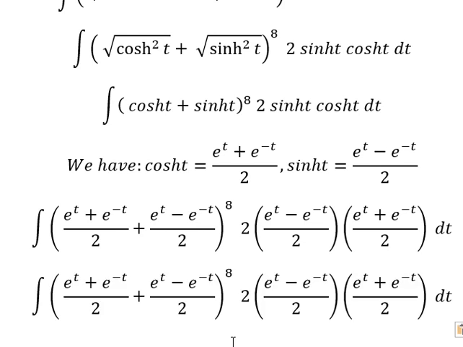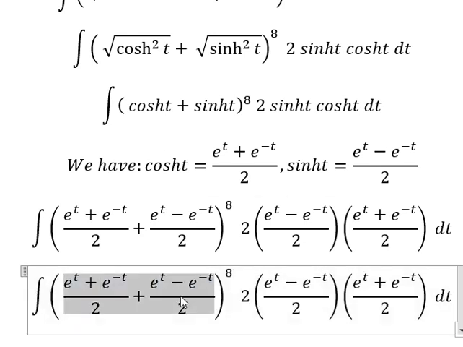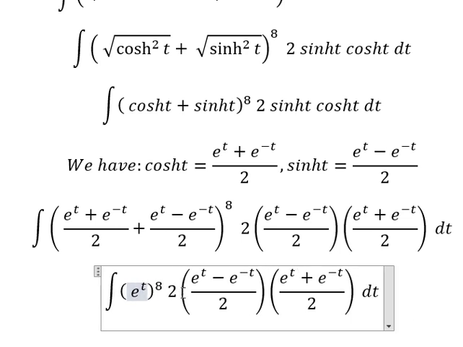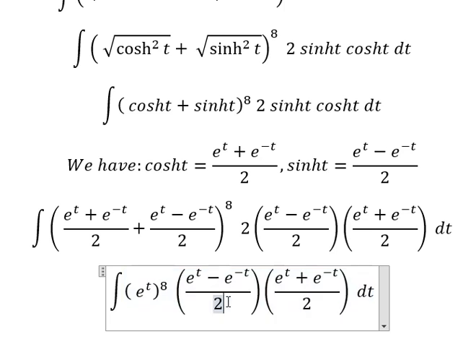Now we need to simplify, and this one is about e to the power of t. 2 and 2 we simplify, and I will put 2 here.